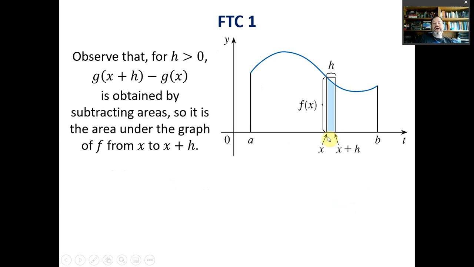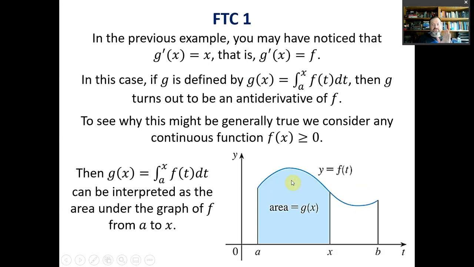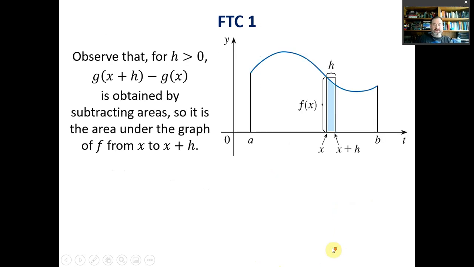So if we have a positive h, the idea is we pick x. Just make sure you see that this is the same picture. Here's a. A doesn't even matter where this thing starts. We're just looking at x. So here's x. If we start at x and move a little bit to the right, we just call that x plus h.